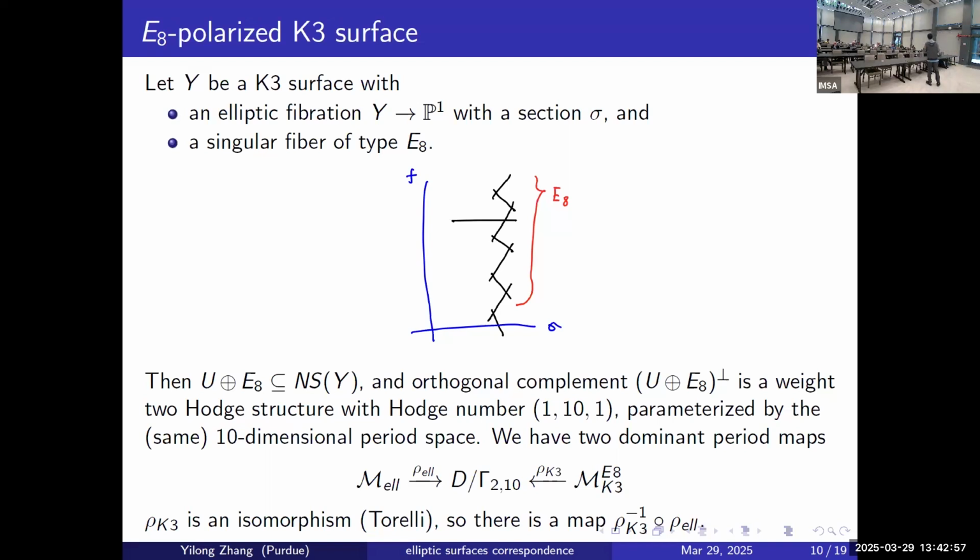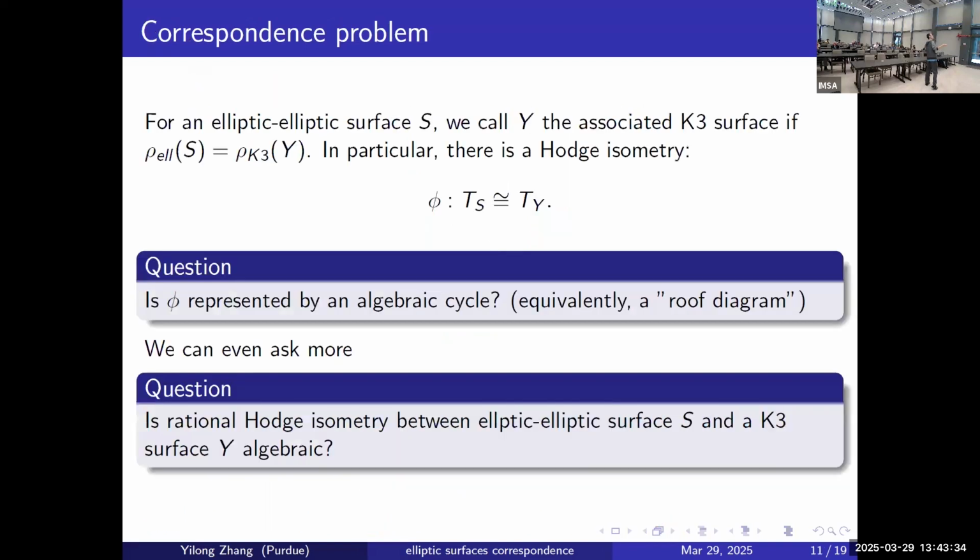So if you are marking your K3 by some lattice in the Neron-Severi group, you still have this Torelli theorem, meaning that the period map is going to be finite, in fact at least 1 to 1. So it means that for each elliptic surface, you actually have a unique K3, and we use this E8 polarization, this E8 fibration, corresponds to it. So that's the picture we are looking at.